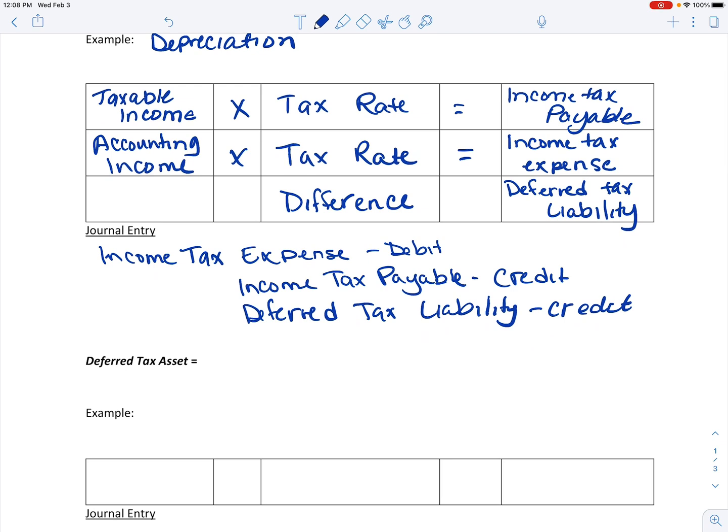So what then is a deferred tax asset? A deferred tax asset is kind of the opposite. It occurs when a company pays taxes in advance.